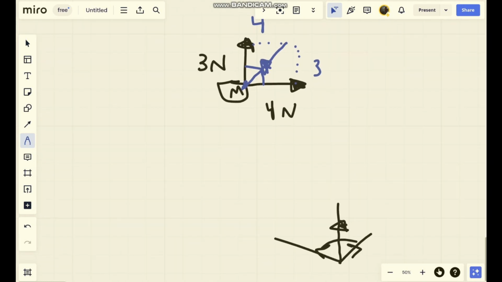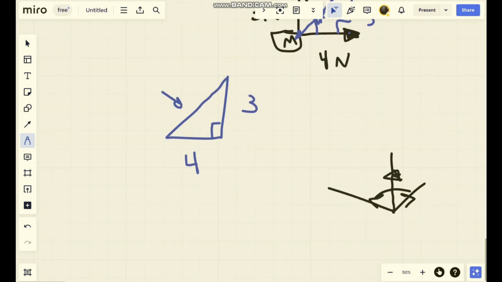Now I have a right angle triangle with a 90-degree angle. Here is 3 newtons, here is 4, and I want to find this, because this is the sum. So let's use Pythagoras. Let's call these A, B, and C.